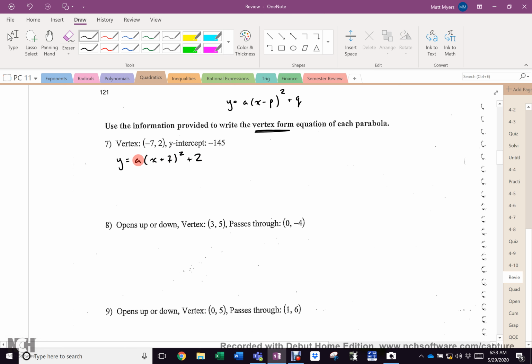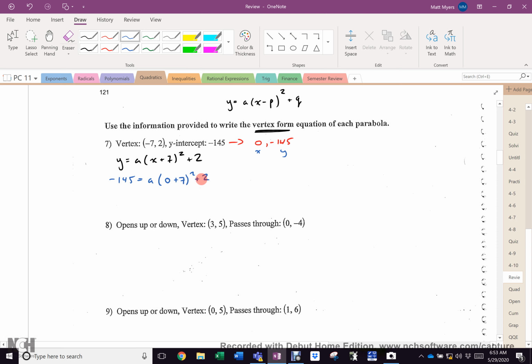But I don't know what a is. However, I do know that the y-intercept is at (0, negative 145), which means I can put that in because that's an x and that's a y. So I write negative 145 equals a (0 plus 7) squared plus 2.